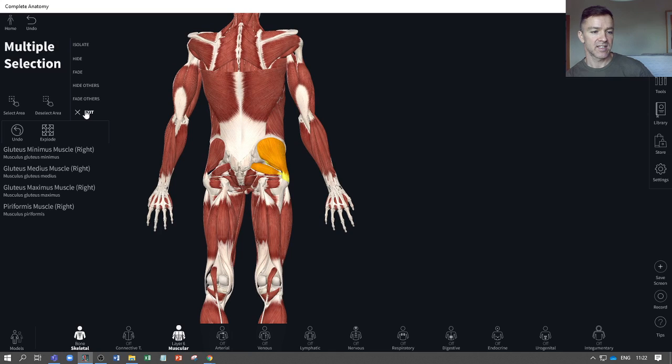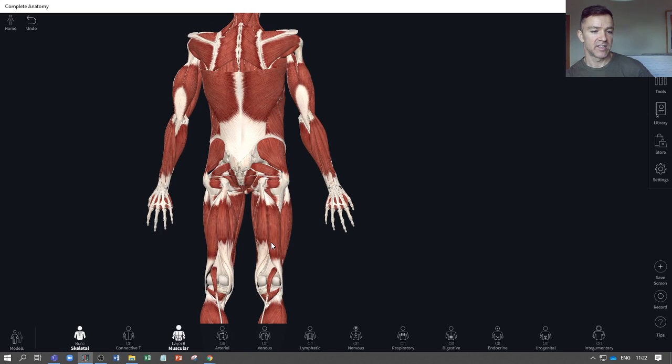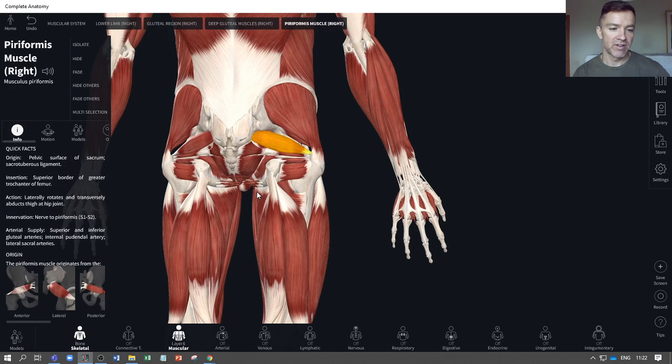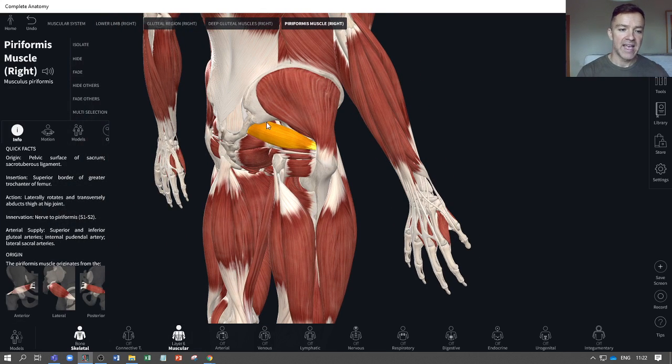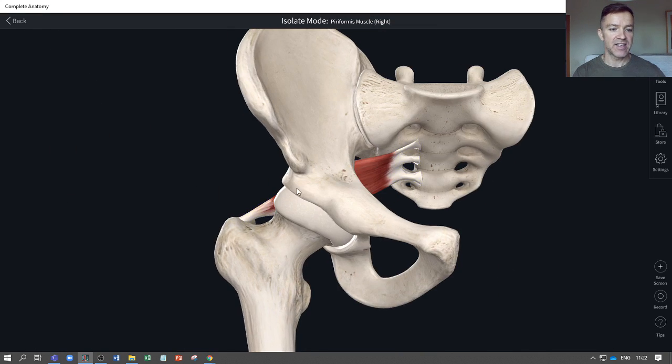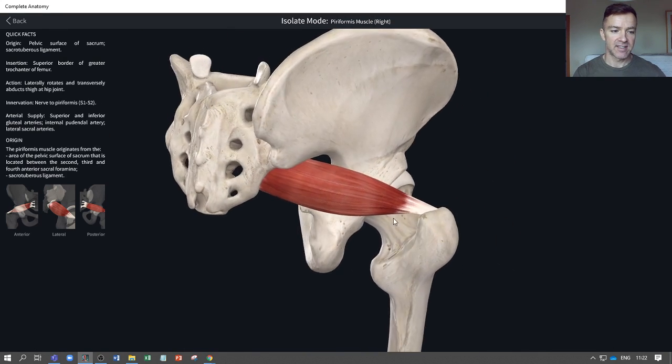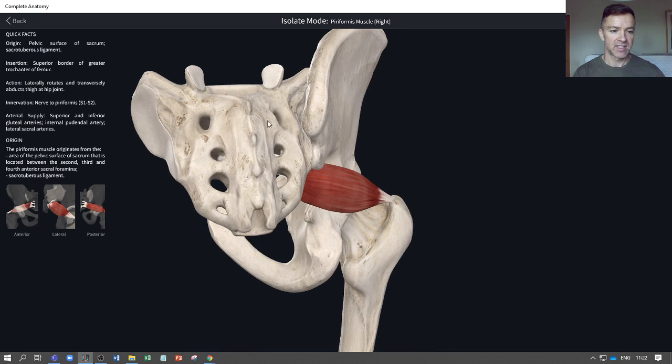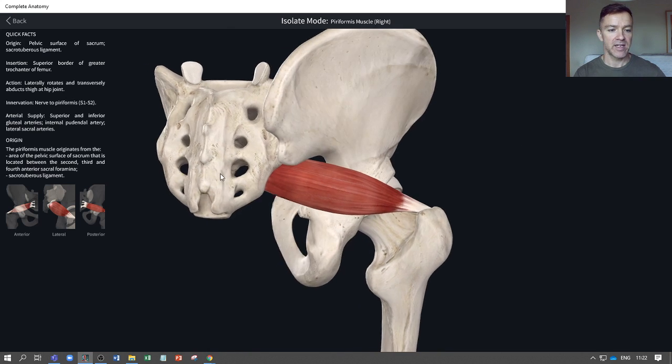Now I don't want to select him as part of that grouping there. So the piriformis muscle is this deep gluteal muscle here. It originates on the sacrum. So if we look there, we can see your sacrum, this bone at the base of your spine here.